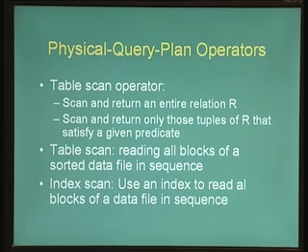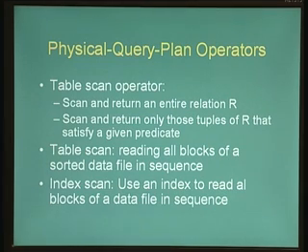The operator can be parameterized in the sense that you can give certain conditions to the table scan operator that scans a given relation R and returns only those tuples that satisfy the given condition or predicate. The main operation performed by table scan is to read all blocks.